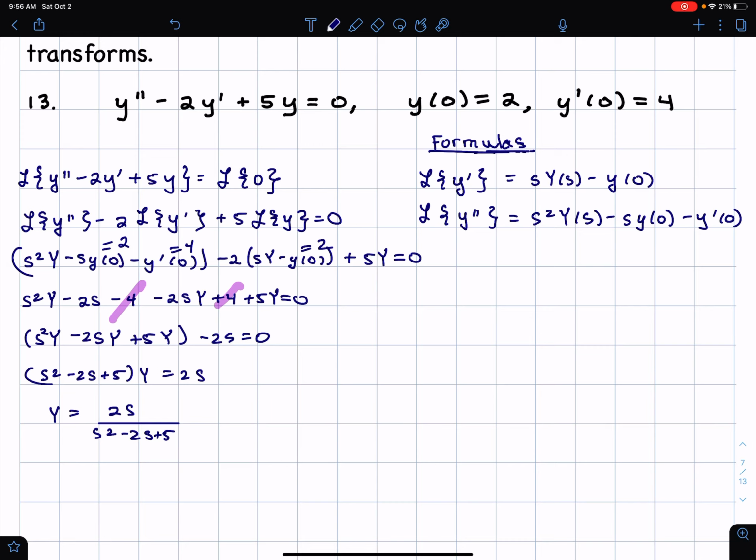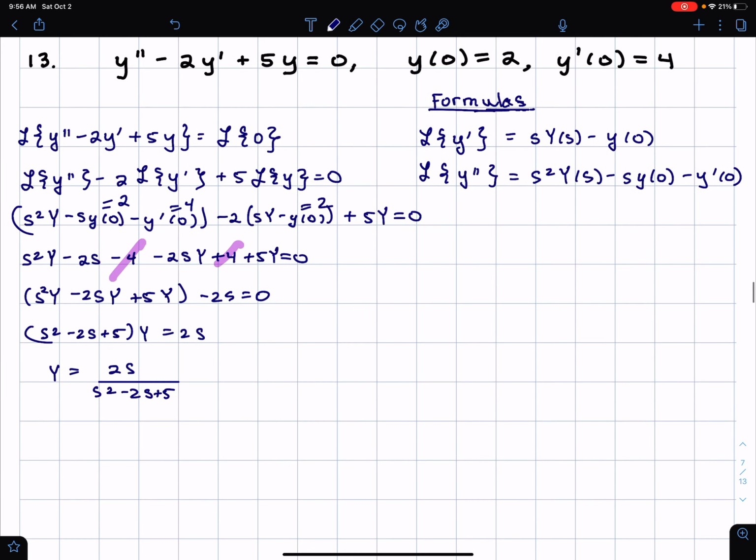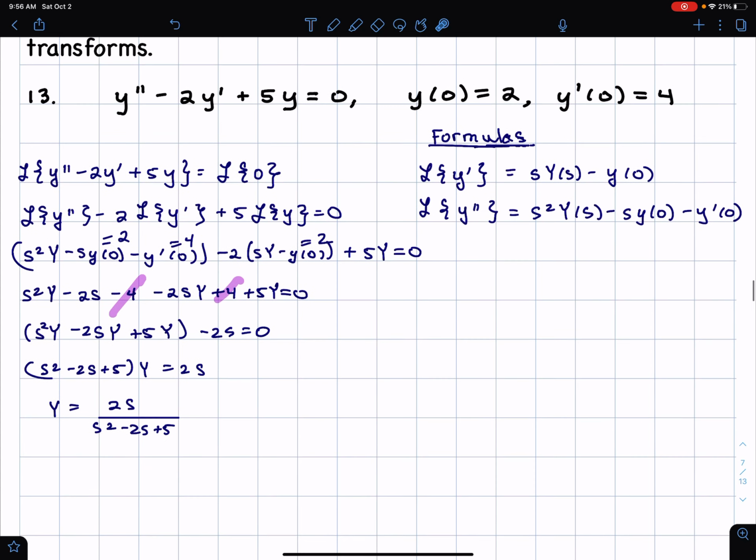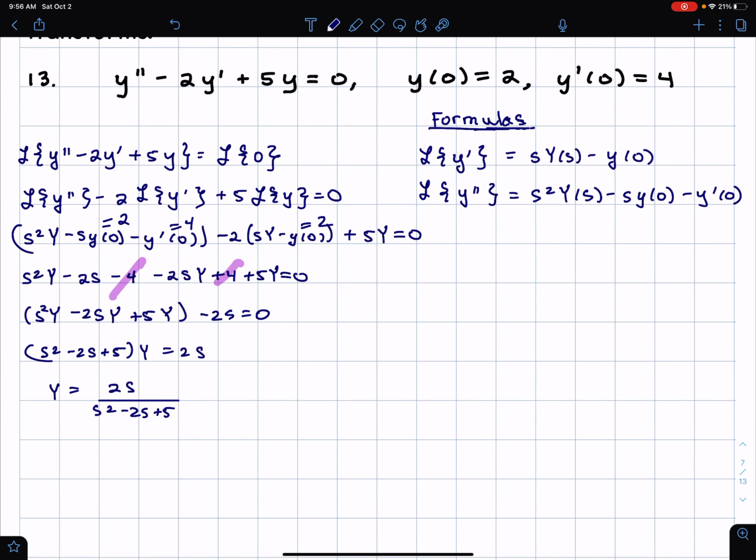And all right. So what we want to do is actually, if we can, factor the denominator. It's a rational function. We're trying to find the inverse Laplace transform.